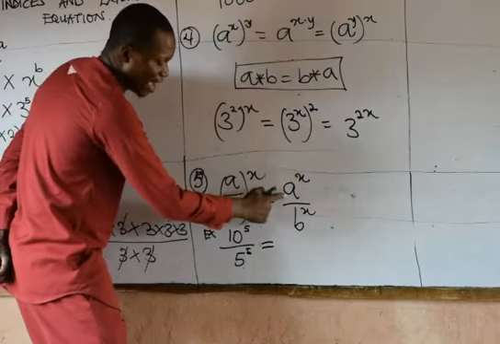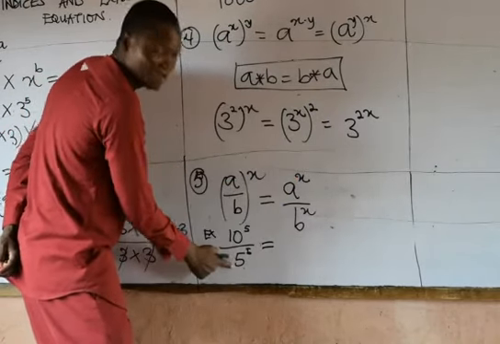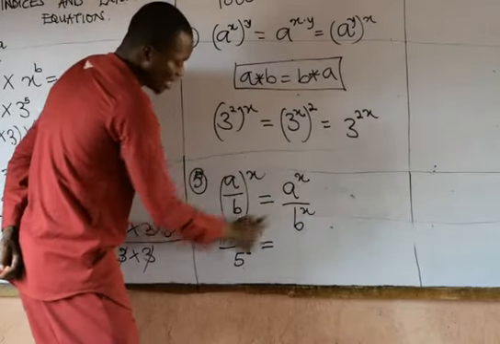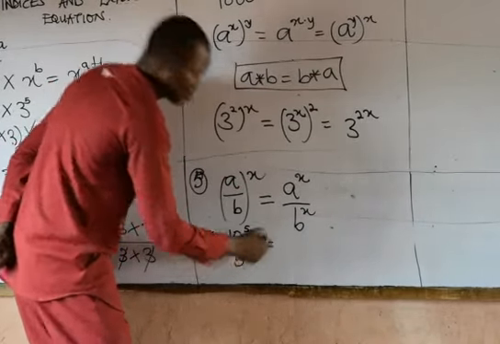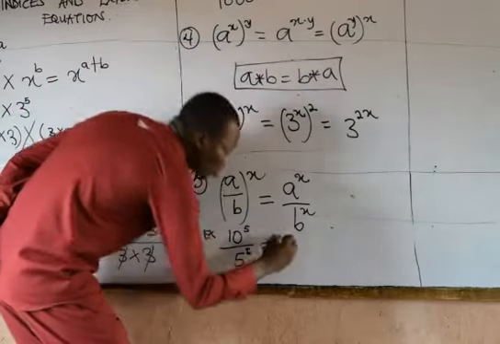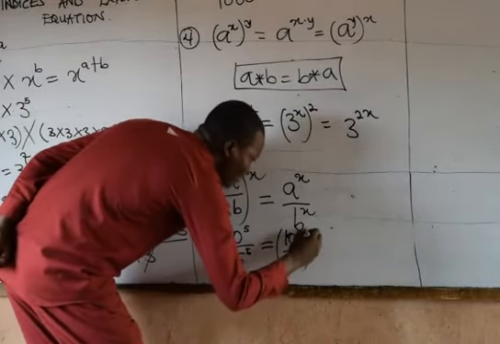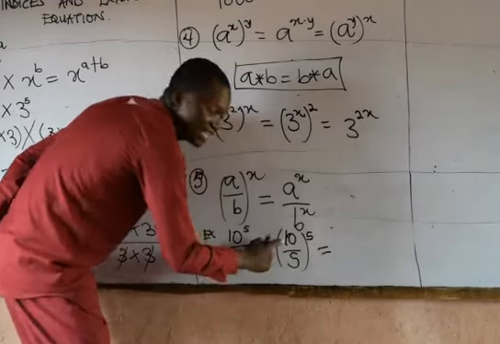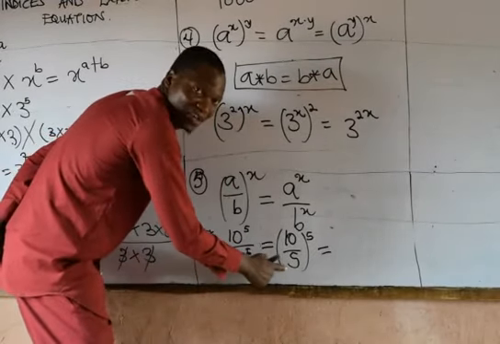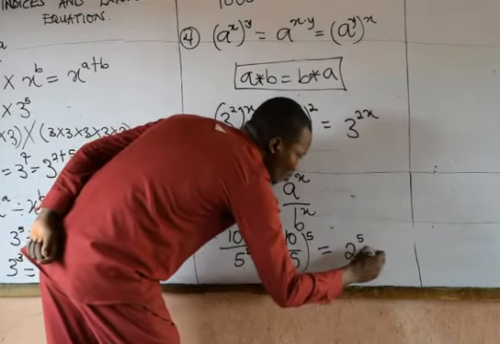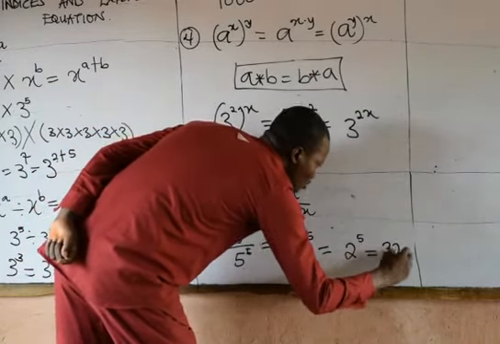We assume that our a is 10, our b is 5, then our x, which is the same power here, is 5 and 5. So we move backward to have 10 all over 5 raised to the power of 5. 10 over 5, we have it to be 2 raised to the power of 5, which equals 32.